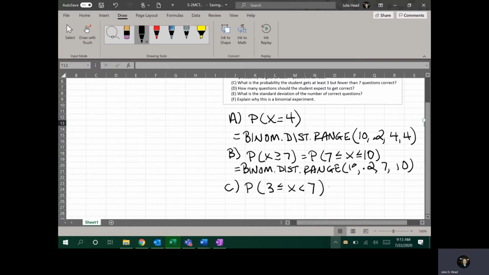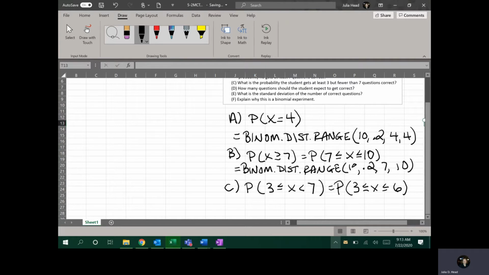Now that's almost what I want, but it's not quite because I don't like that less than. I want it to be less than or equal to. For binomial distributions, if you are less than 7, then you are at most 6. Notice, because it's binomial, you can't be 6.5. You can't be 6.9.